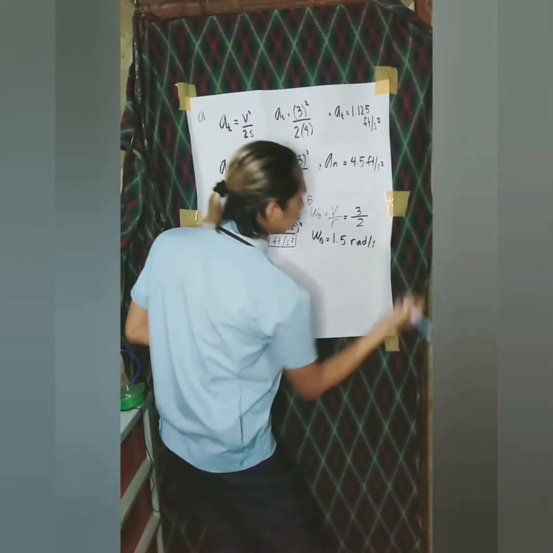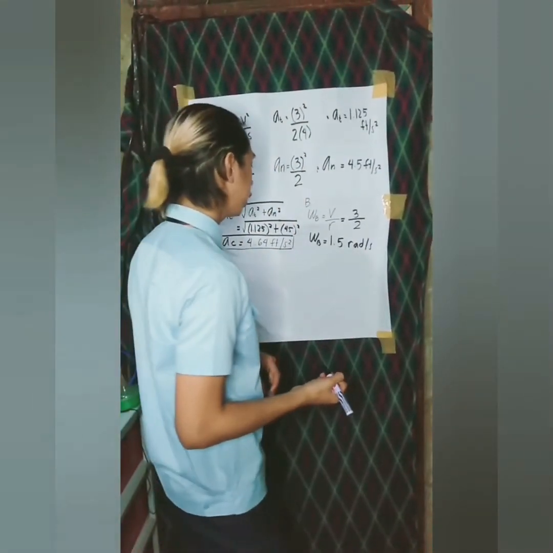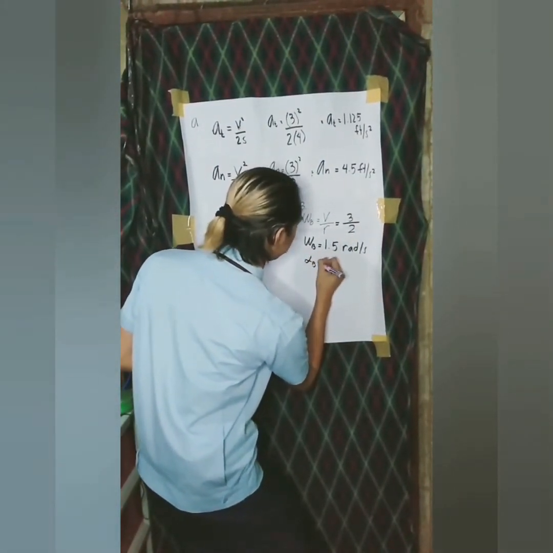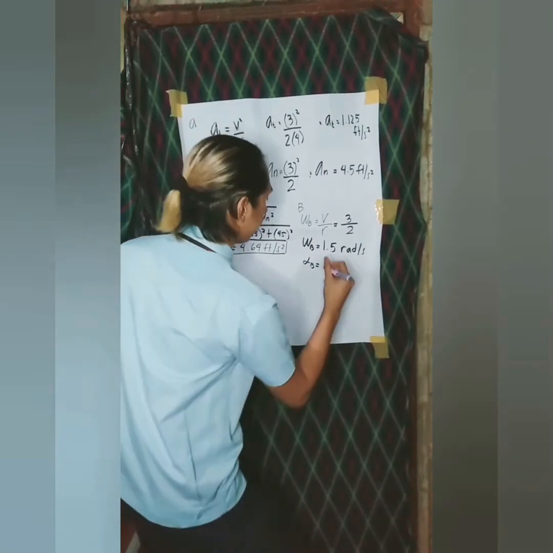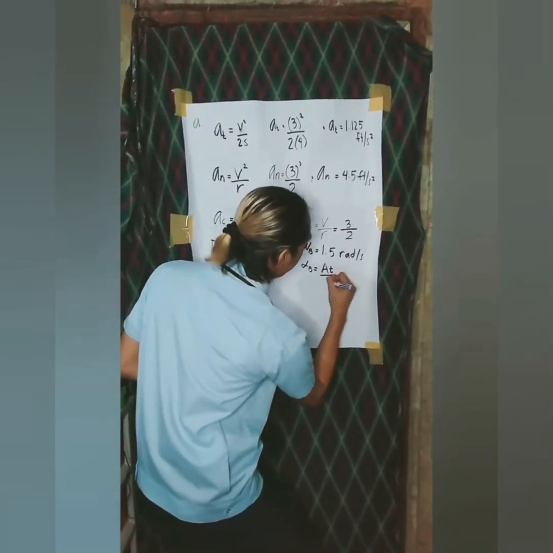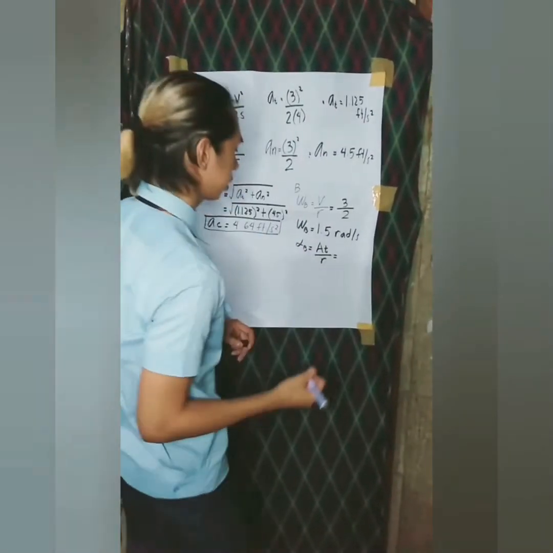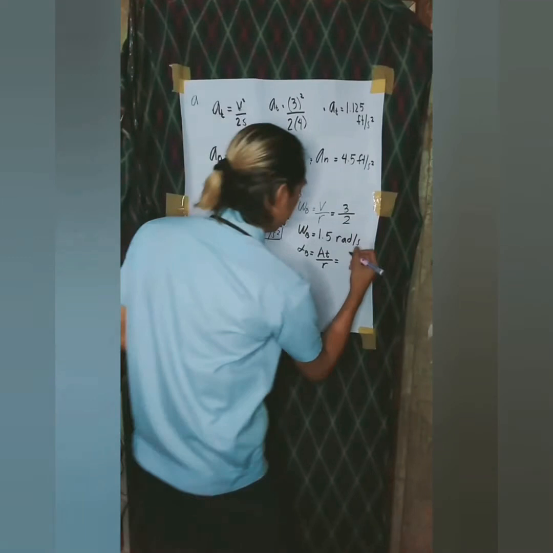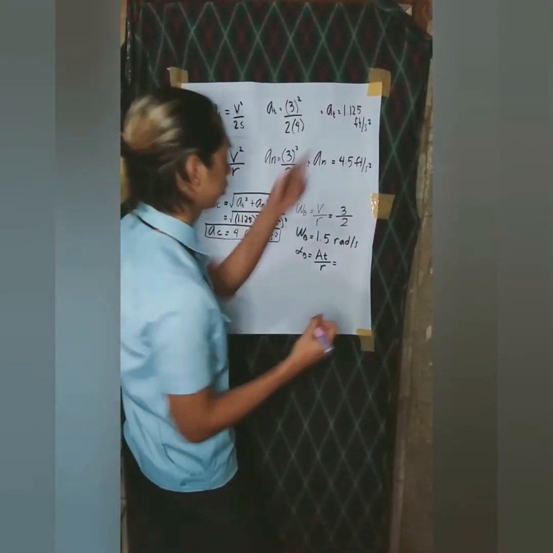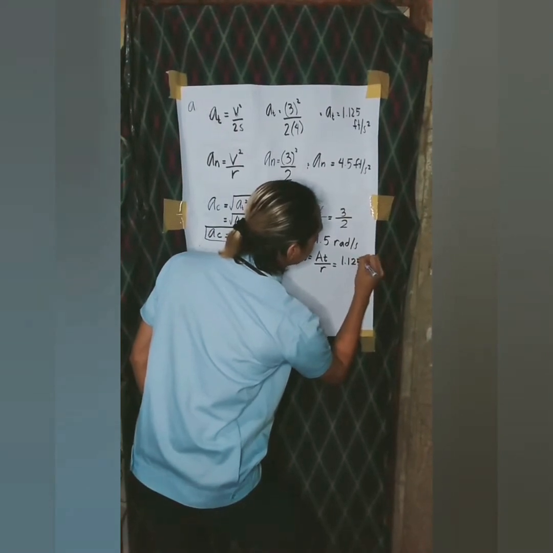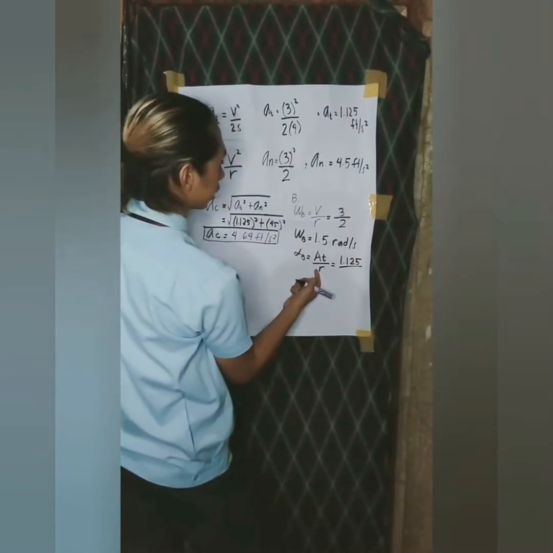So, angular acceleration B is equal to A tangential over R. Substituting the values, our A tangential is equal to 1.125 over the radius, which is 2.